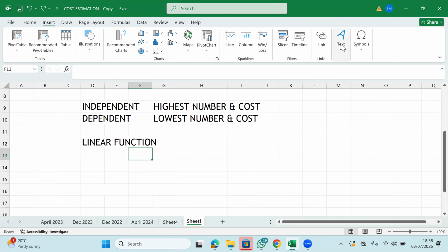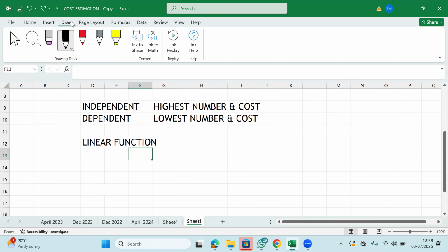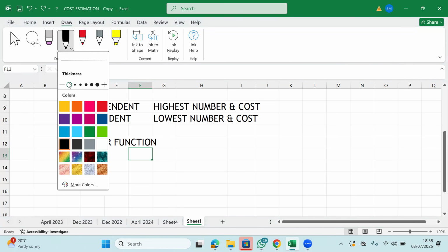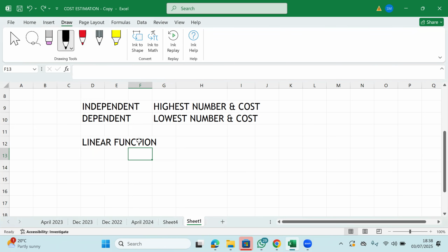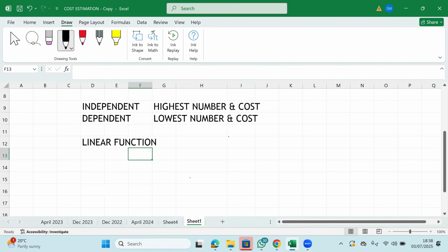How can I draw a straight line? I'm looking for ways of drawing a straight line without using this tool we have here. Fine, you'll just allow me to use this that I have. I've forgotten how to insert a straight line, but basically our graph should take this approach.